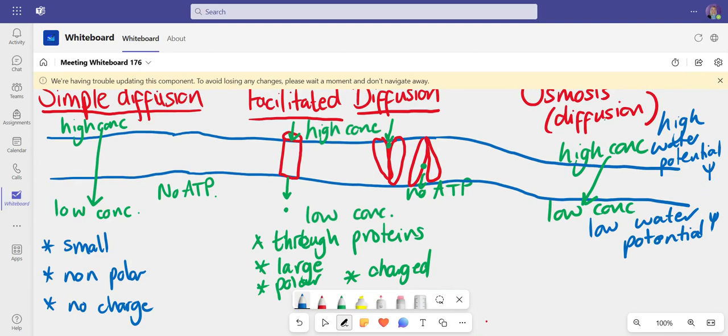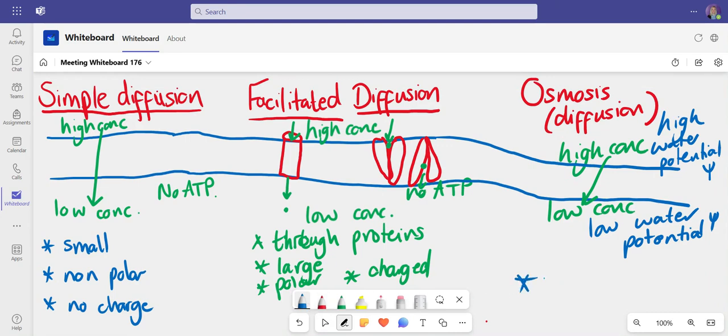So you can either say osmosis, it goes from high water concentration to low water concentration, or high water potential to low water potential. And the type of molecules that can move across in that way are only water molecules. It's not about size, polarity, or charge. It's just water molecules, and there's no ATP. It's still diffusion, still going from high to low concentration, no ATP.